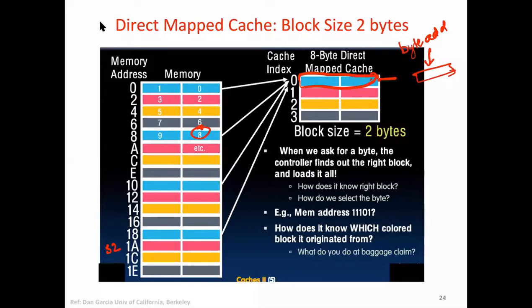The bit pattern for 8 is 1000, and for 9 it is 1001. Let's assume this block is already there, so it has both byte 8 and byte 9, right?